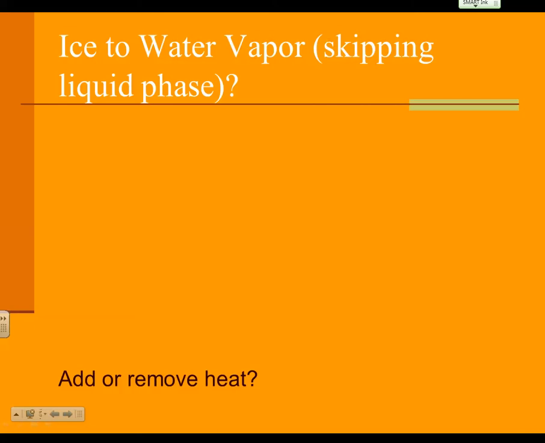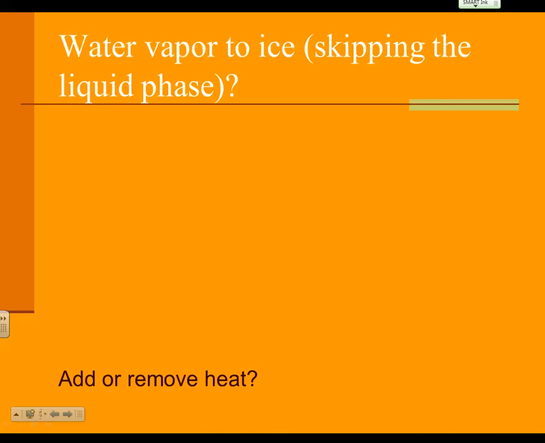Ice directly to water vapor, skipping the liquid phase. Sublimation is the correct answer. And you have to add heat. Water vapor to ice, skipping the liquid phase. This is like those cirrus clouds. Deposition. And you have to remove heat for that process to occur.